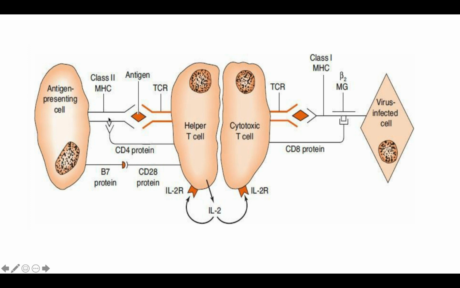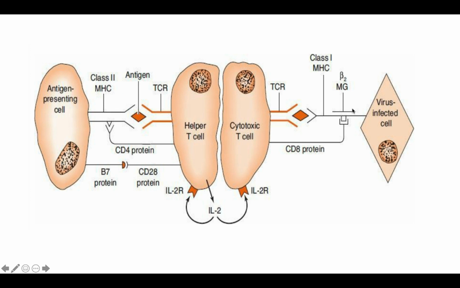APC, MHC2, its B7 protein. This is the antigen. This is the CD4 cell stabilizing the connection. Everything we said is here. So now this is our first signal. This is our second signal, which is promoted by toll-like receptors and B7 protein with CD28. It is activated, it produces interleukin 2, activates itself and then activates the CD8 cell.